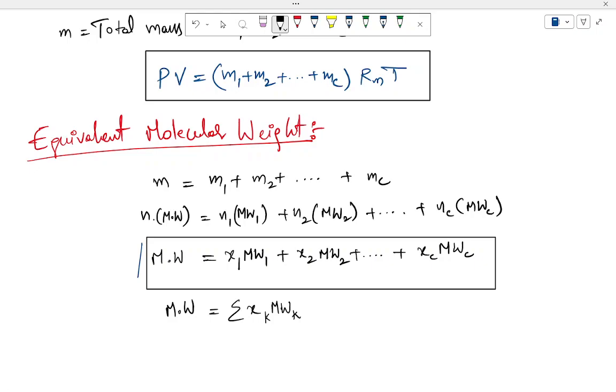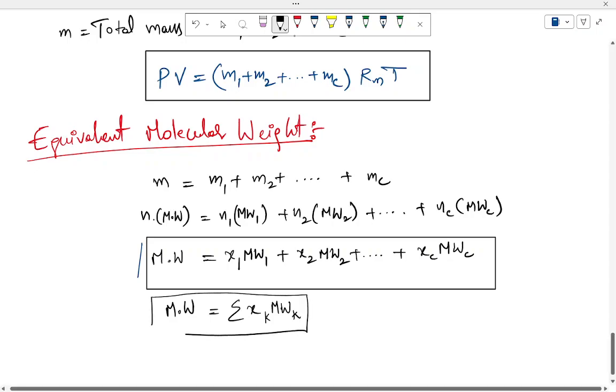That is, you will write it for 1 plus 2 plus 3 plus 4 and 5 and so on. This is another way of representing the same thing in a simpler form. So this is the story of your equivalent molecular weight.